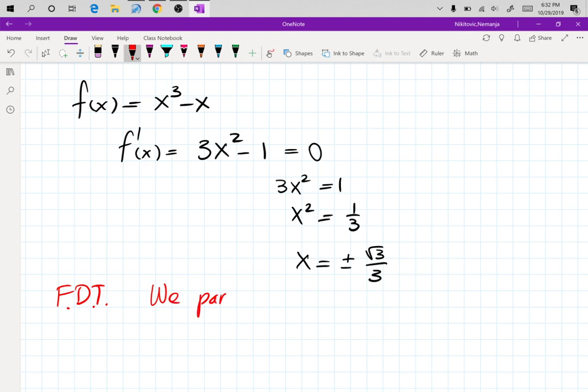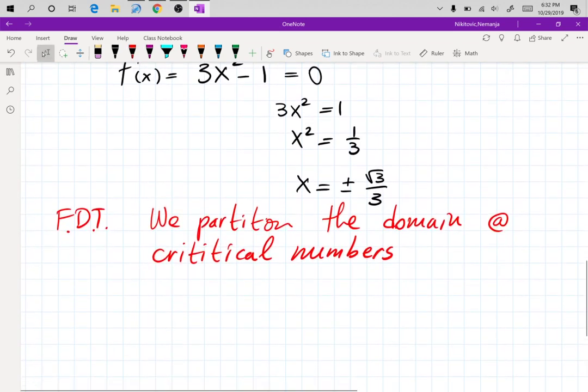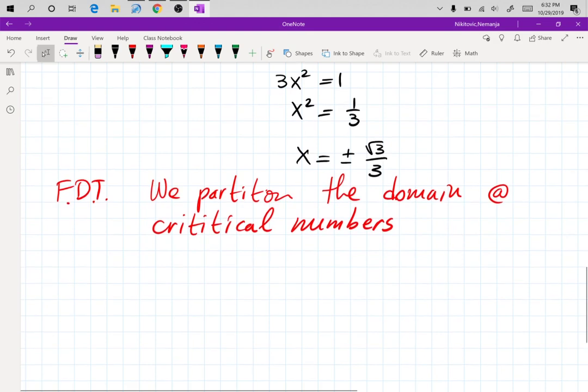For the procedure on how to do the first derivative test, we partition the domain at critical numbers. So negative root 3 over 3 and positive root 3 over 3.